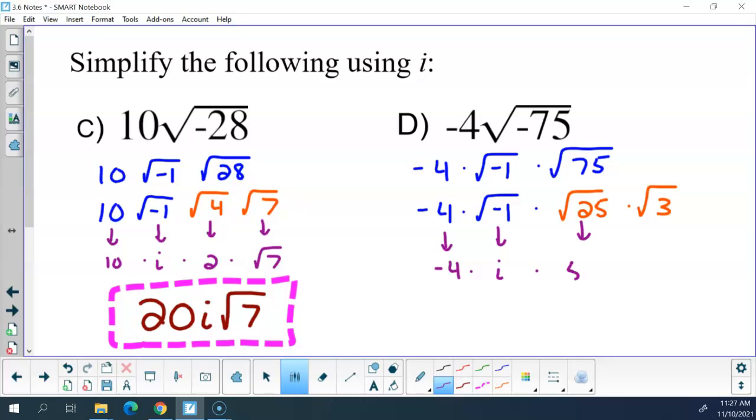Square root of 25 is 5. Square root of 3 is the square root of 3. Negative 4 times i is negative 4i. Times 5 is negative 20i. Times square root of 3 is negative 20i. Bad i. Bad i. i times the square root of 3.